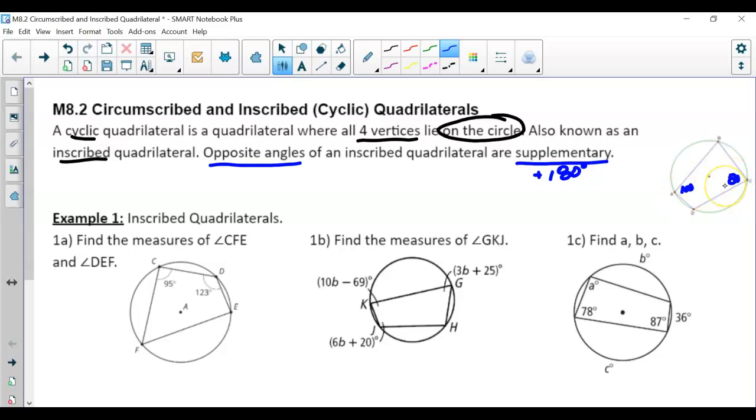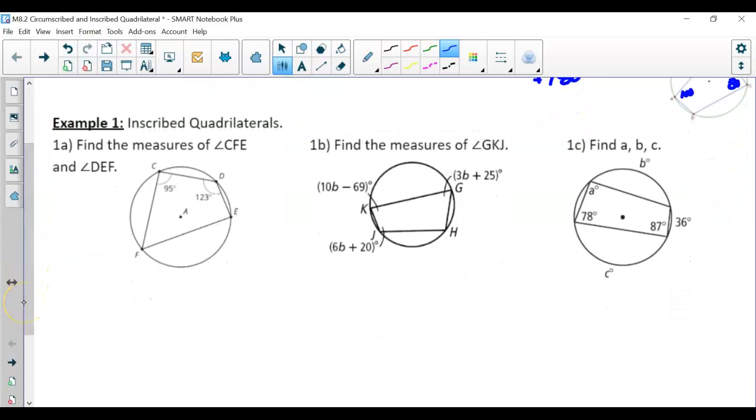So again, opposite. Like here, for example, in 1A, we're looking for the measure of angle CFE and DEF. Because this is inscribed, this angle is supplementary to angle D. So these add up to 180.